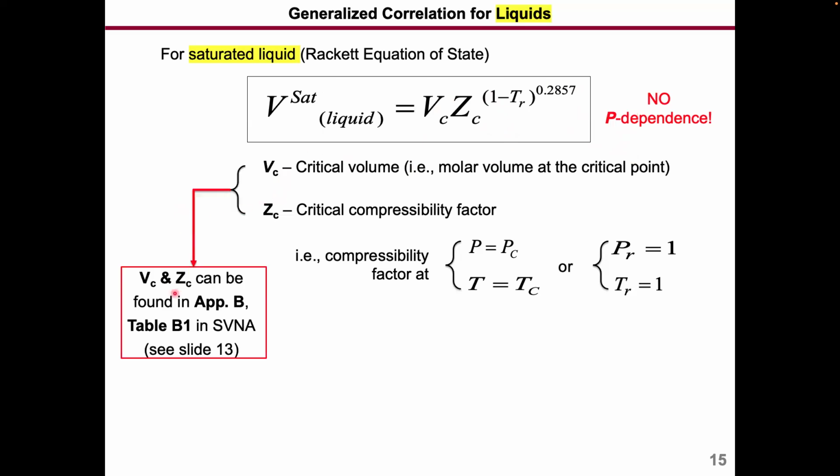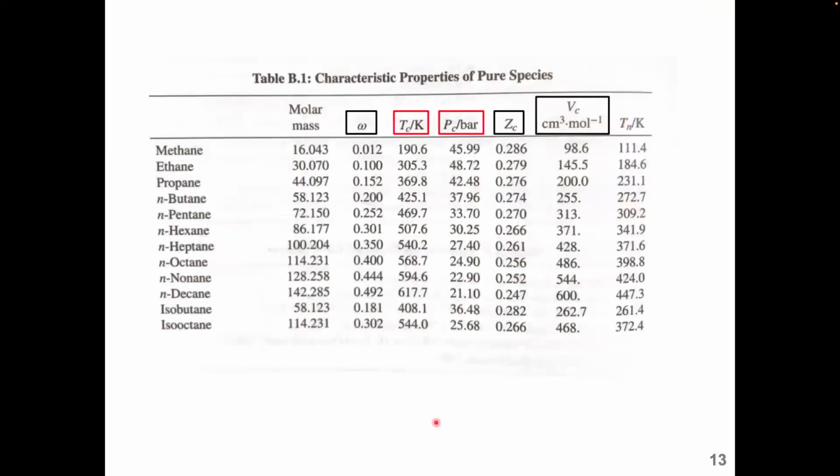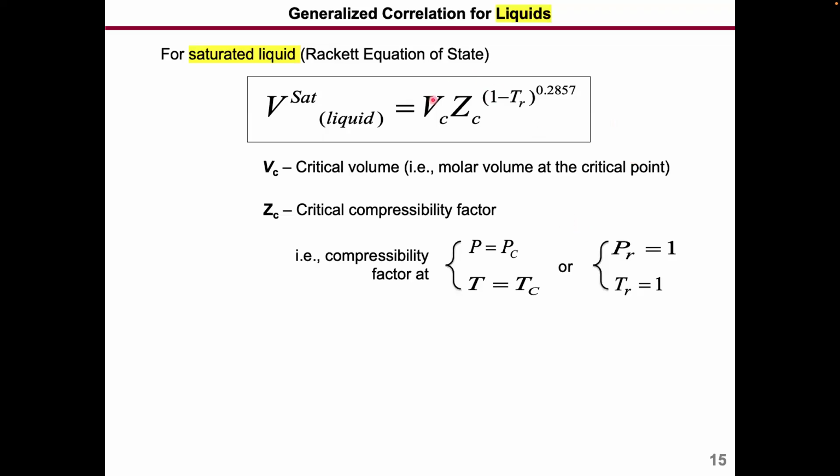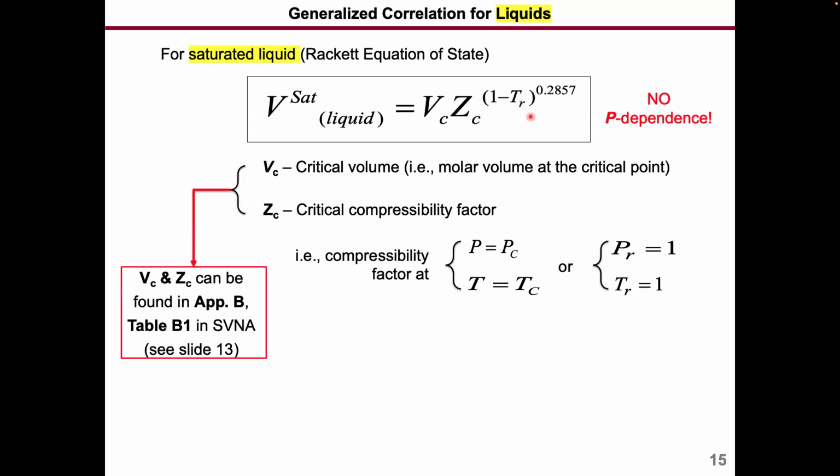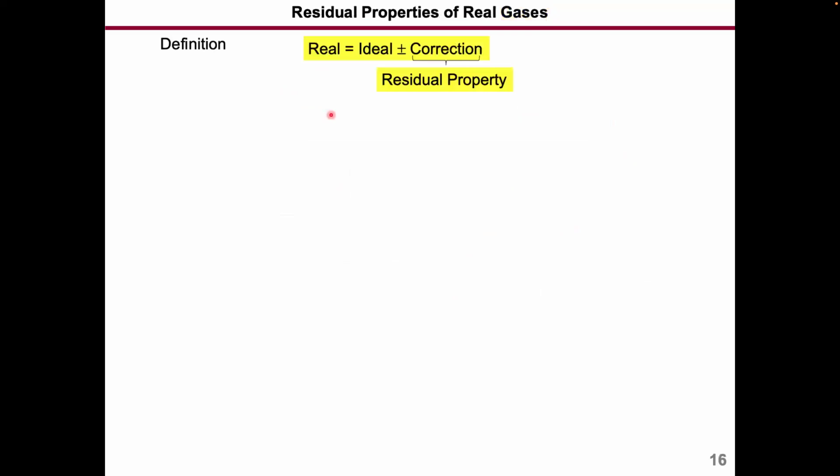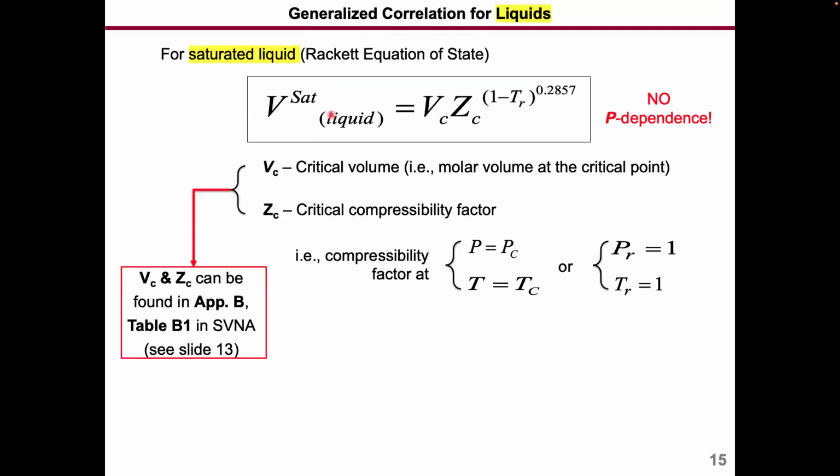And like I said, VC and ZC you can find in the previous table. Just look at slide 13 for the ZC and VC values. You look them up, you plug in, and as long as you know T, you can calculate V. All right, so that's pretty much all the equations of state that I want to cover in chemical engineering processes.